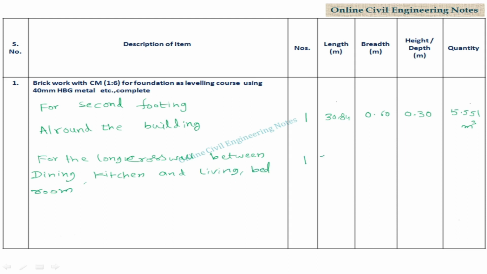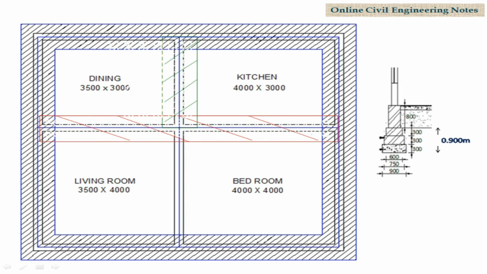Number is 1, length is 7.36 meters, width 0.60, thickness 0.30. Quantity is 1 into 7.36 into 0.6 into 0.3, 1.324 cubic meter.